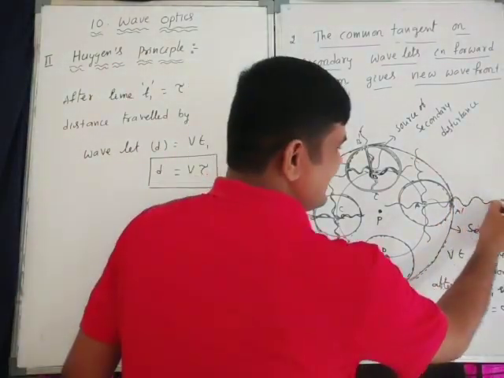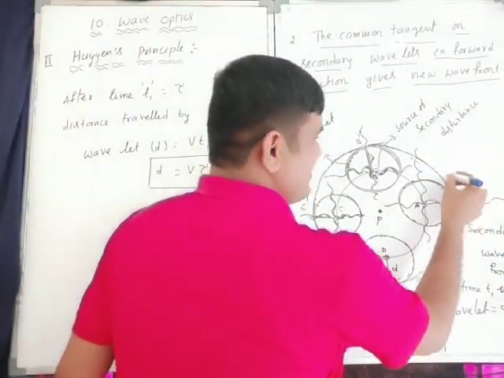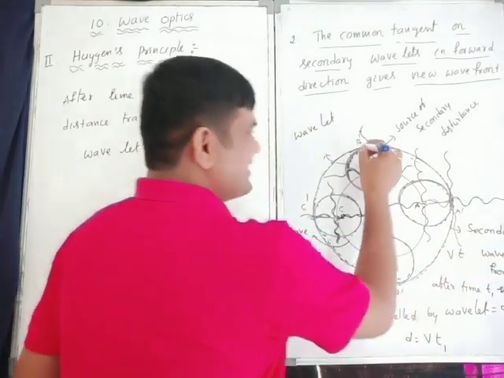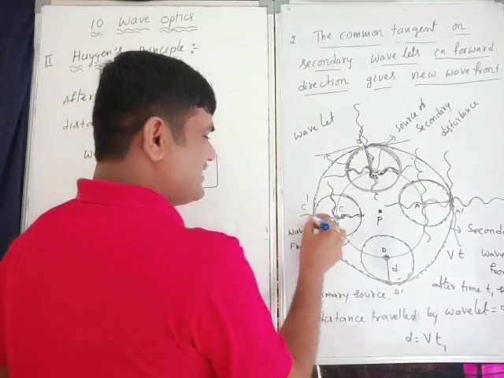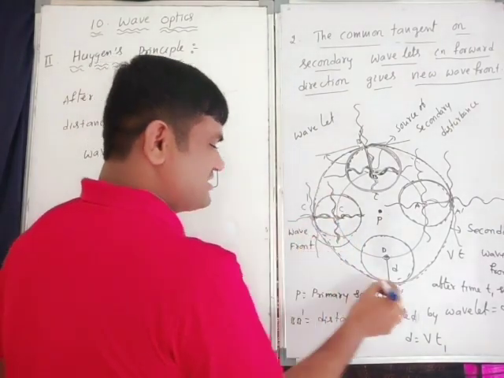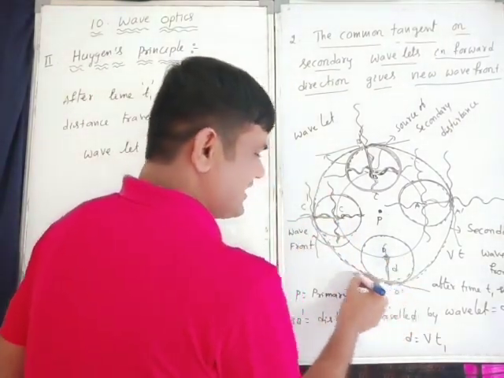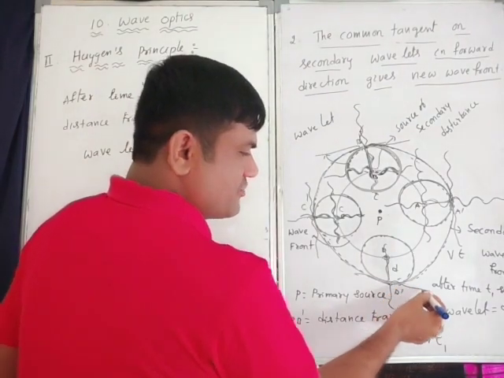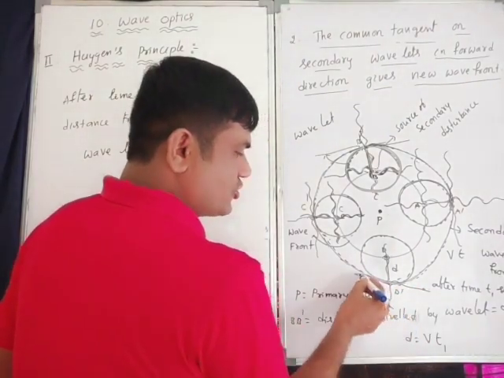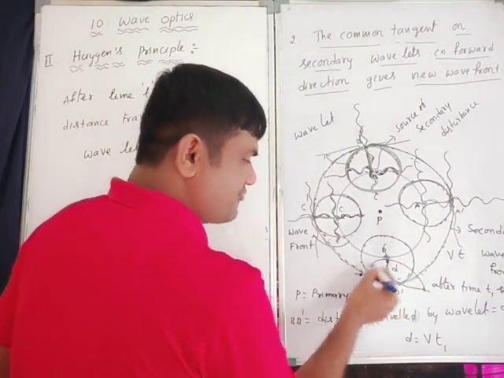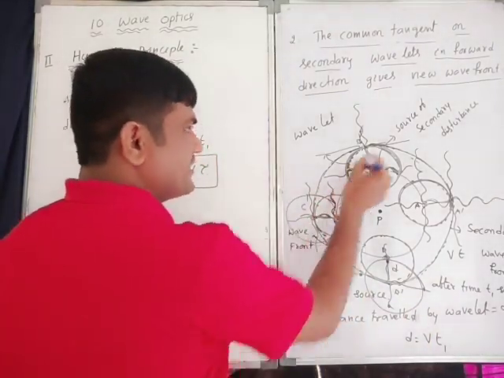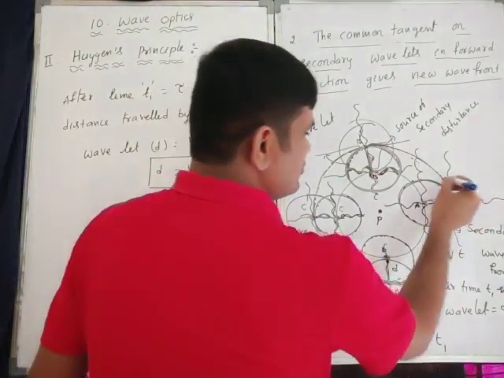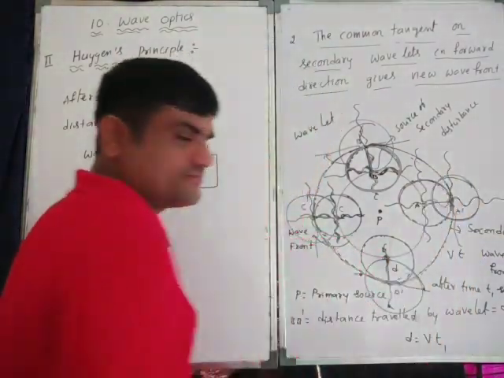So again waves travel in this direction. Again we draw one sphere with the same phase.